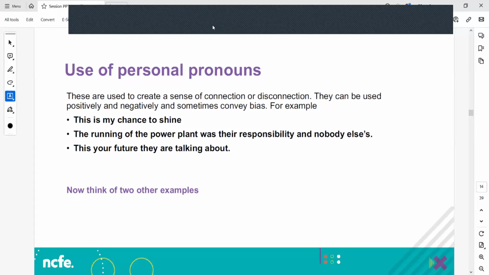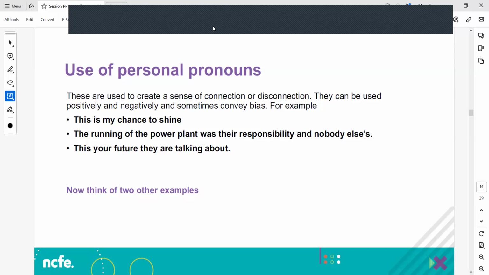It could be used in the sense of talking about a young person and what they're going to study, what qualifications they'll need to go on to further study. It could be about climate change and about the steps people should take. This is your future they are talking about.